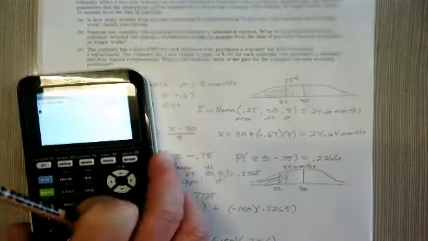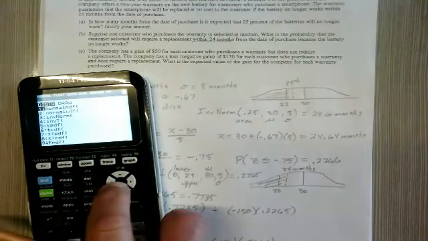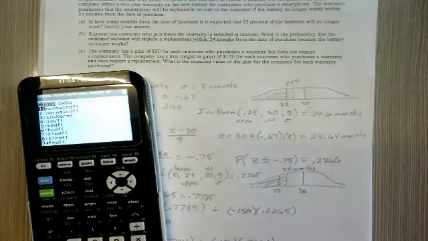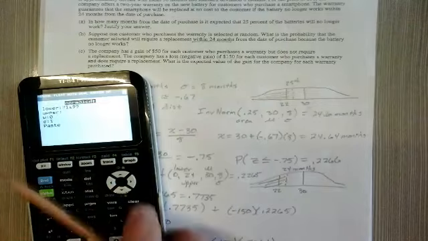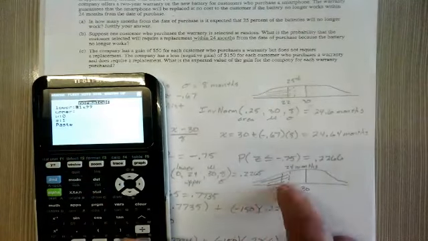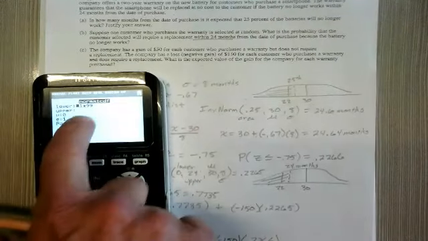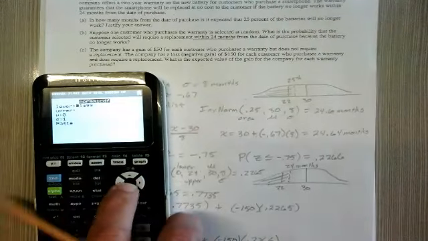If we do that, then we can say second distribution, 2. Okay, we're finding from negative 0.75 or 24 months to the left. So that's negative that.